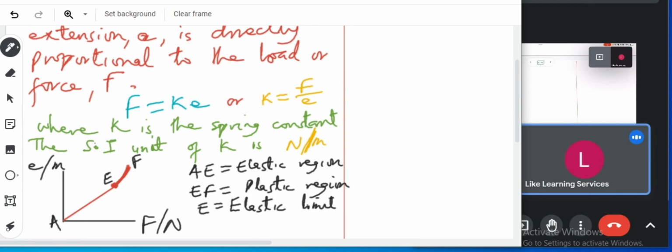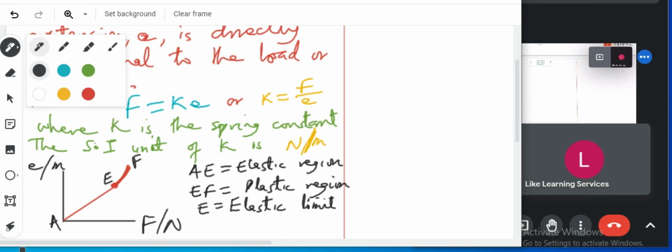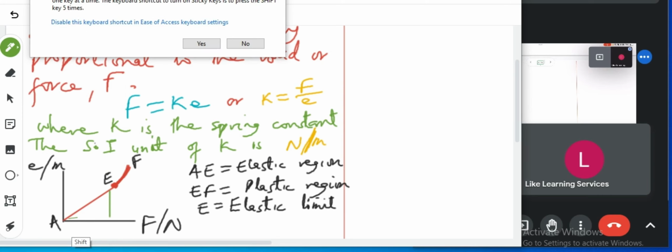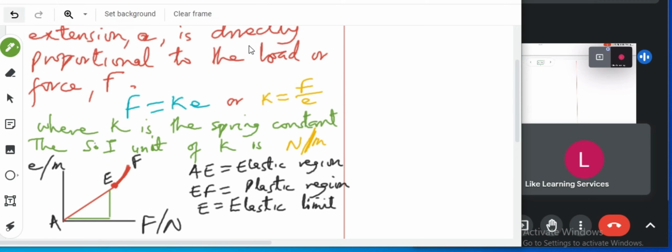So Hooke's law is obeyed within which region? From where to where is Hooke's law obeyed? A to E. Okay. So what will the slope give you? What would the gradient give you?